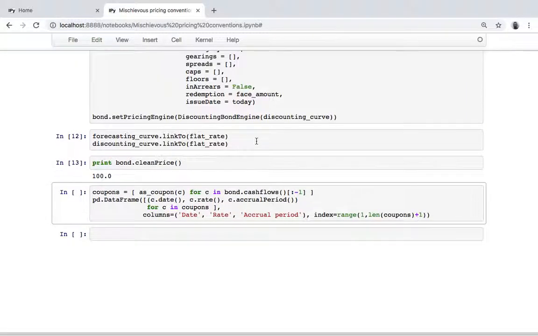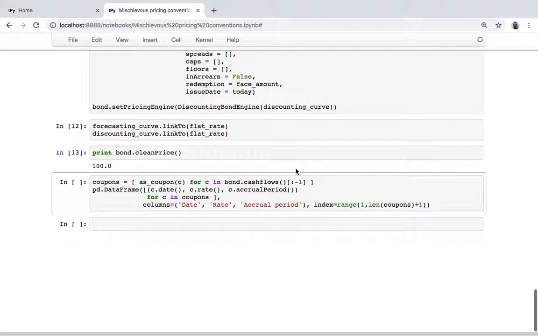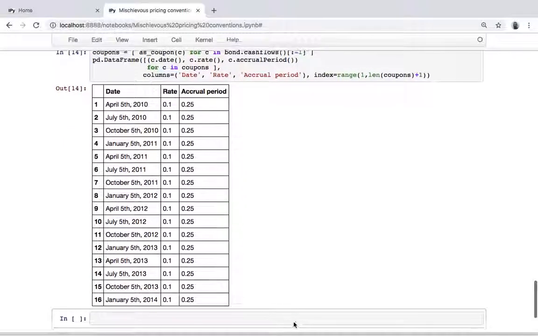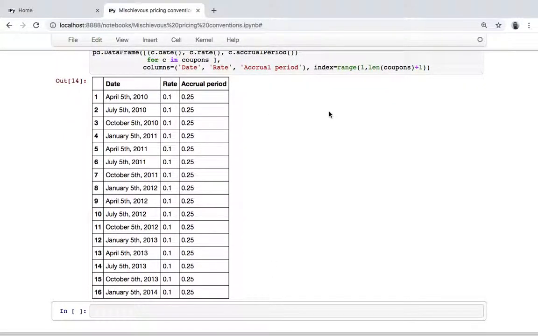And finally, here is the 100 that we expected, and here are the textbook 10% rates and 0.25 accrual periods that this ideal bond should give.